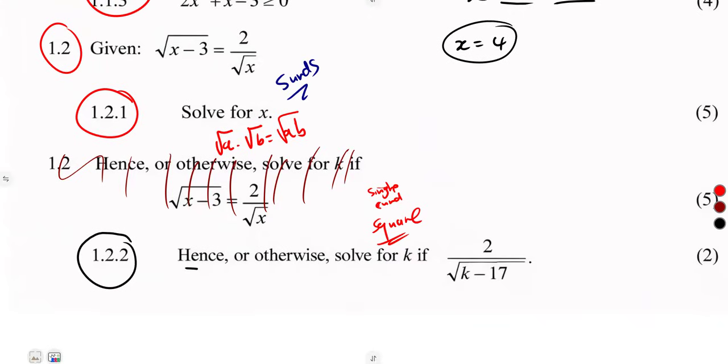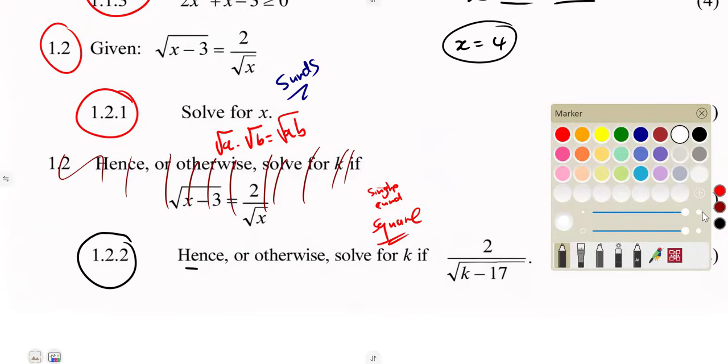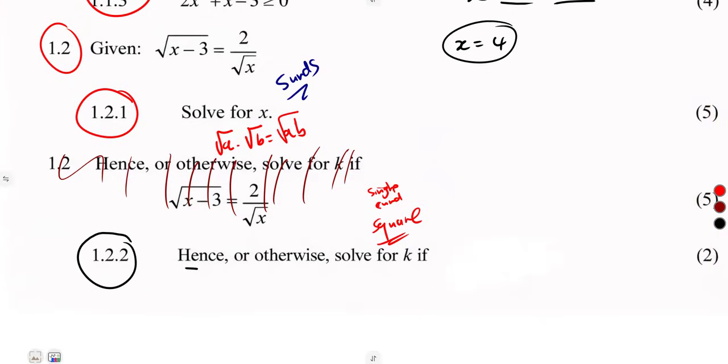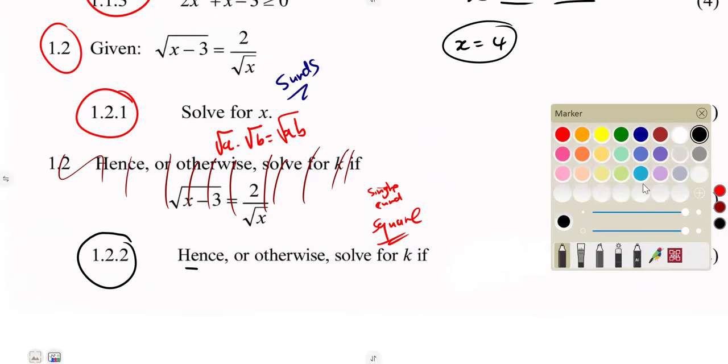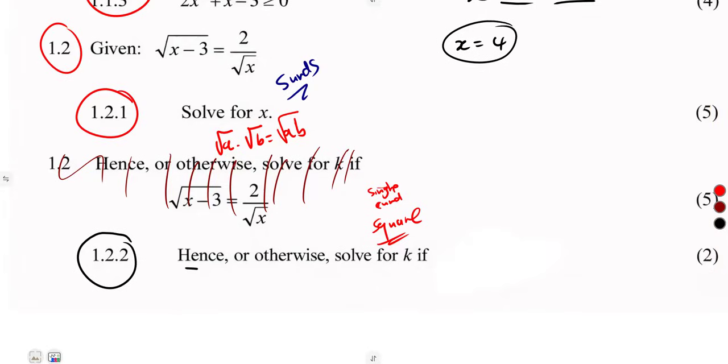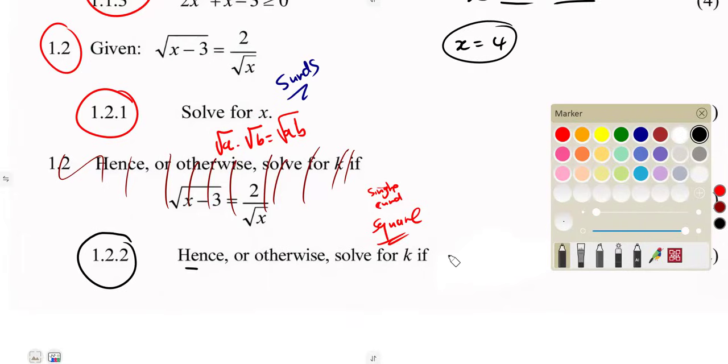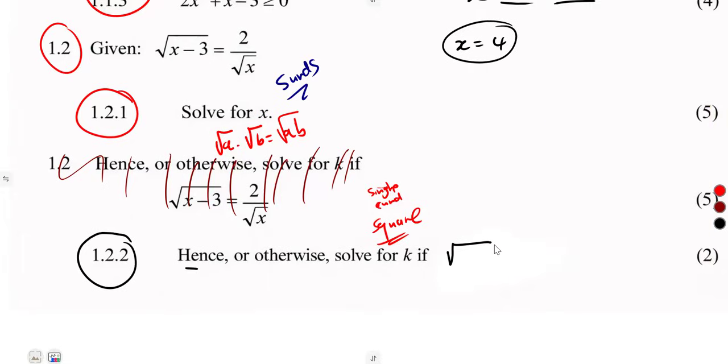All right, this is not the one that was given. Let me just rewrite our original question here. Sorry for that. If we are given that the square root of x minus 3 is equal to 2 over the square root of x.